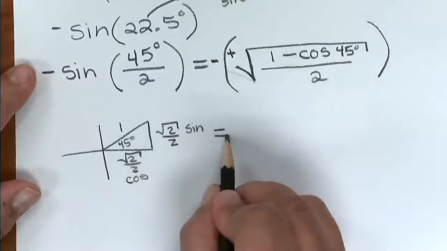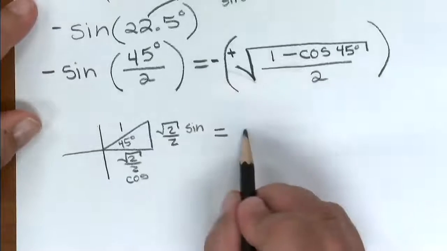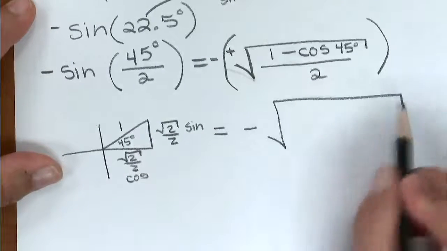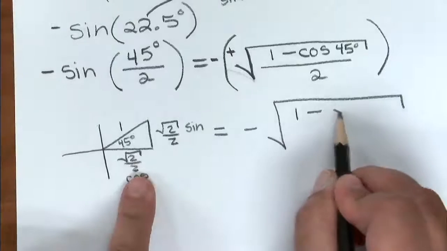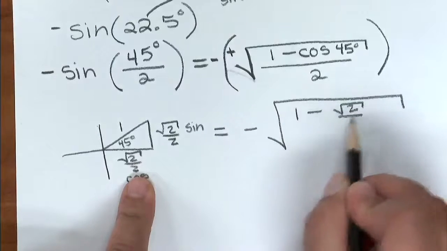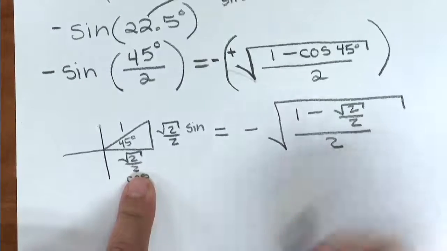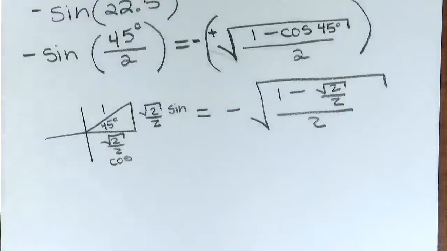Okay, so plugging in over here. Negative followed by a plus, just a negative. Let's plug into this radical. It's 1 minus the cosine. The cosine is square root of 2 over 2, with a 2 down here. So more of that fuss about getting these things pulled together on the top and then floating and flipping with that bottom number.